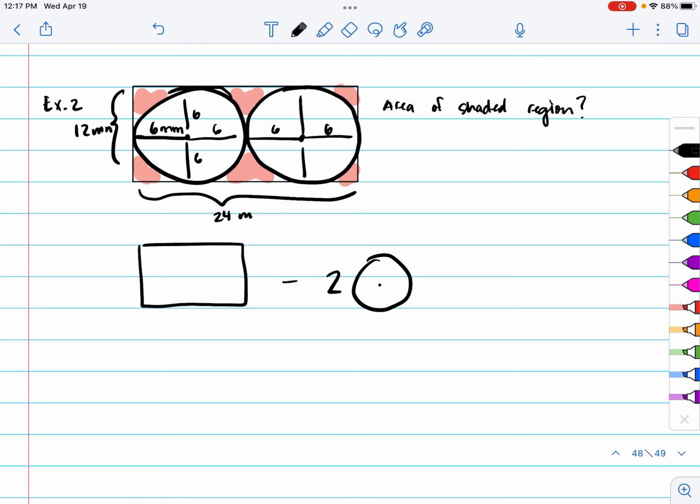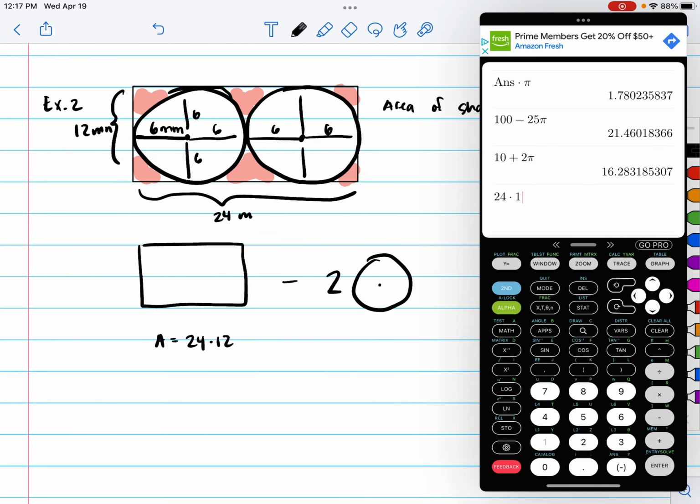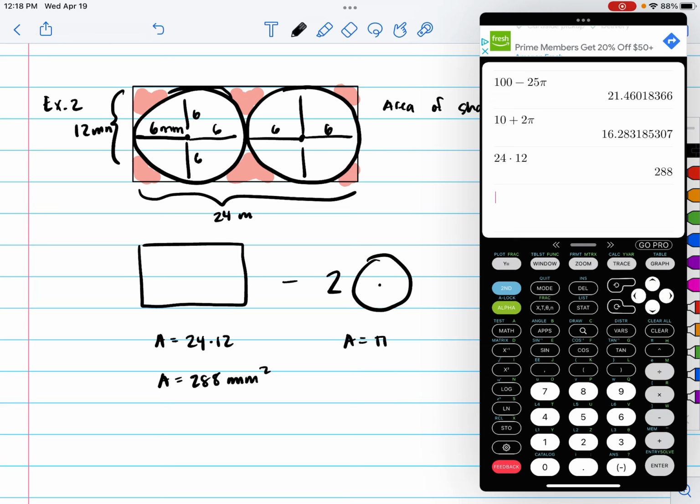So let's start solving. Area is equal to base times height, 24 times 12, which is equal to 288 millimeters squared. The circle area is equal to pi times radius squared, so 6 times 6, or 6 squared.